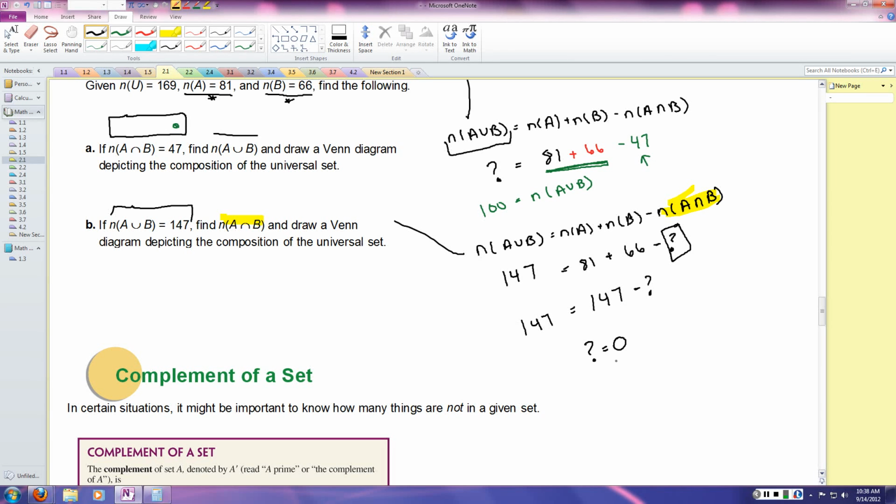So question mark being 0 means the number of elements in A intersection B has to be 0. So you wouldn't write the empty set here because this means number of elements. You would write that A intersection B would be the empty set, meaning there's no elements. So be careful on things like that.